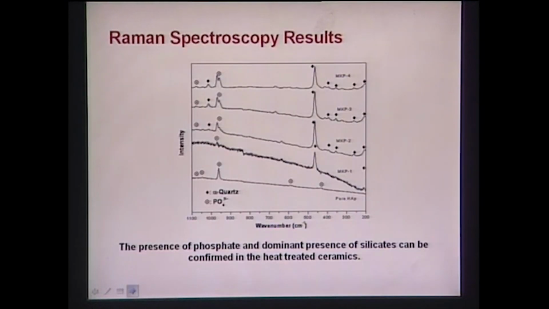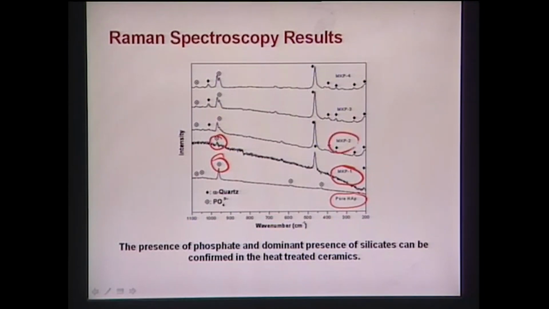Now, Raman spectroscopy results show you that for pure hydroxyapatite, you have a phosphate peak here, and in this MgKPO4 phase also, in the starting powder itself, or prior to the heat treatment, you have this MKP1, and prior to the heat treatment your peak intensity is fairly low.